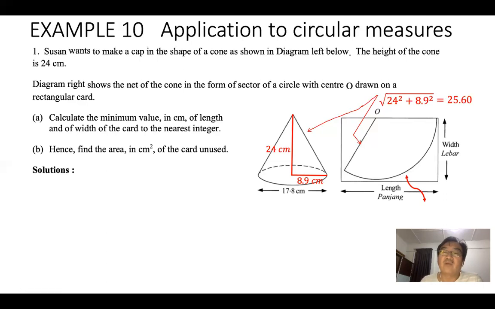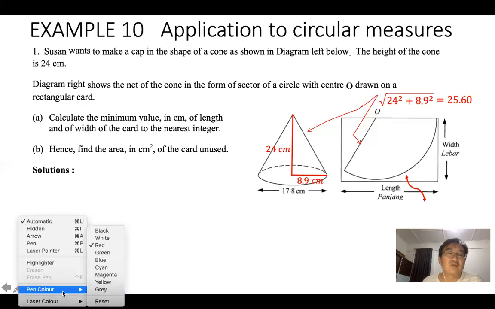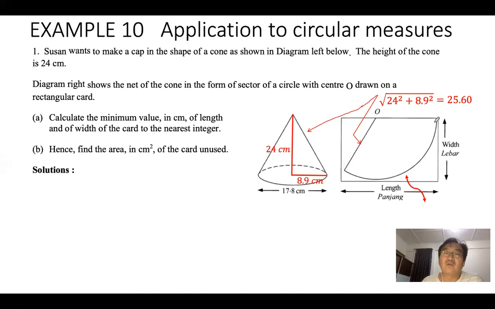Now we need to find the arc length, so that we know what this angle is. How to find the length of arc here? Actually, the circumference of the base of the cone is equivalent to the length of the arc.